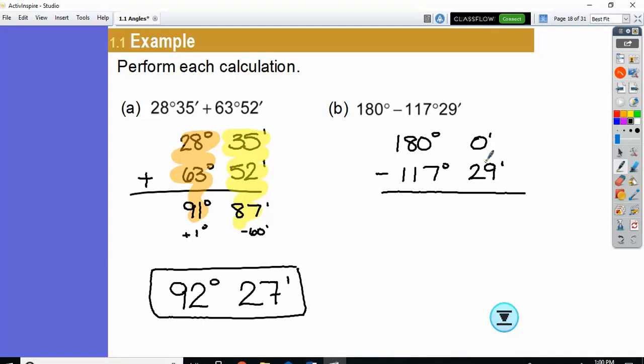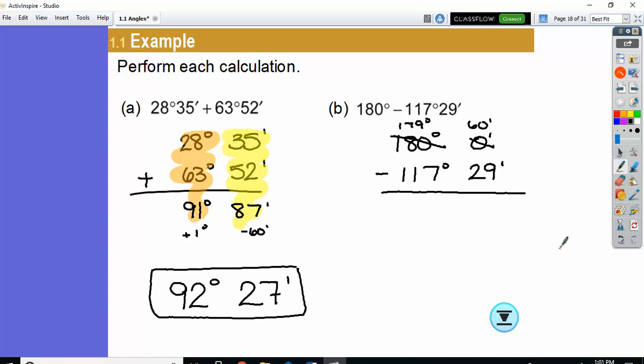Can you do 0 minus 29? So what did we do instead? Borrow. Okay. If I take away 1 degree, so that would leave me with 179 degrees, that 1 degree turns into how many minutes? 60. So I bring over 60 minutes instead. Do you guys agree? 179 degrees, 60 minutes is the same thing as 180 degrees.